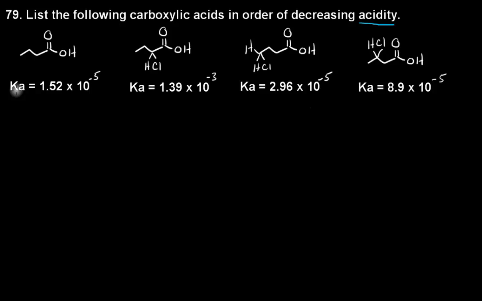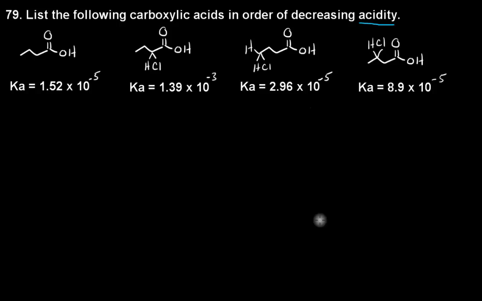So the bigger the number, the more deprotonated the molecule will exist at equilibrium. These numbers are pretty small, so it might not be intuitive to compare and contrast, but the idea is that the smaller this number, the less acidic the compound is, and the bigger that number, the more acidic that compound is.